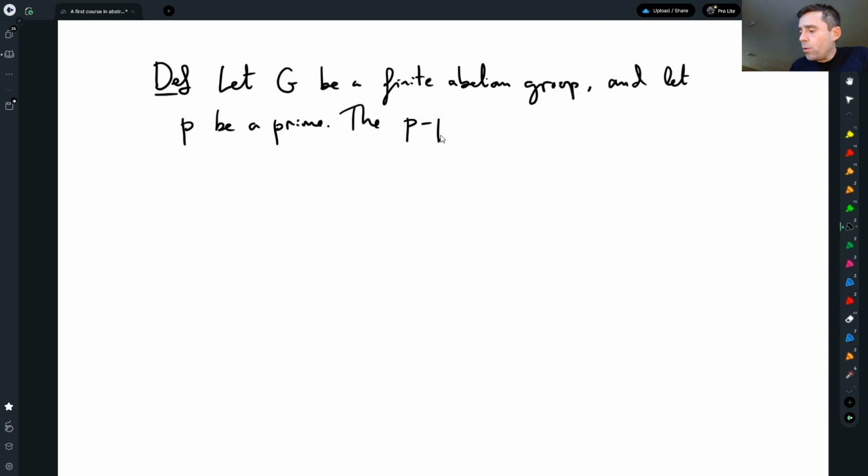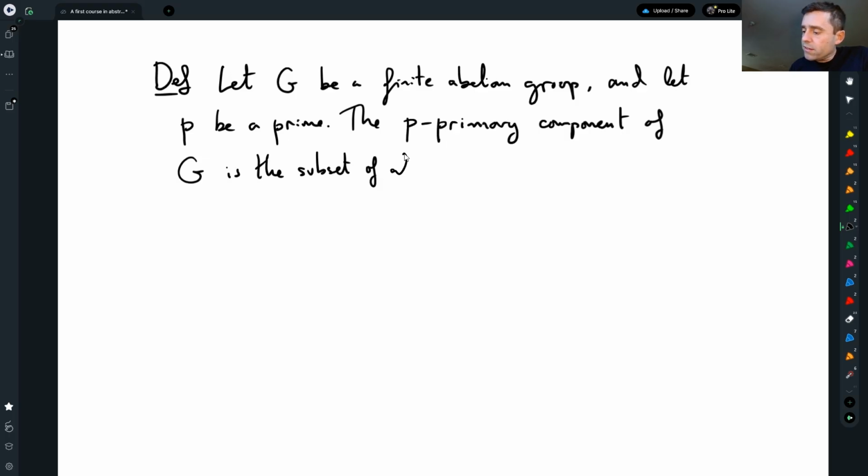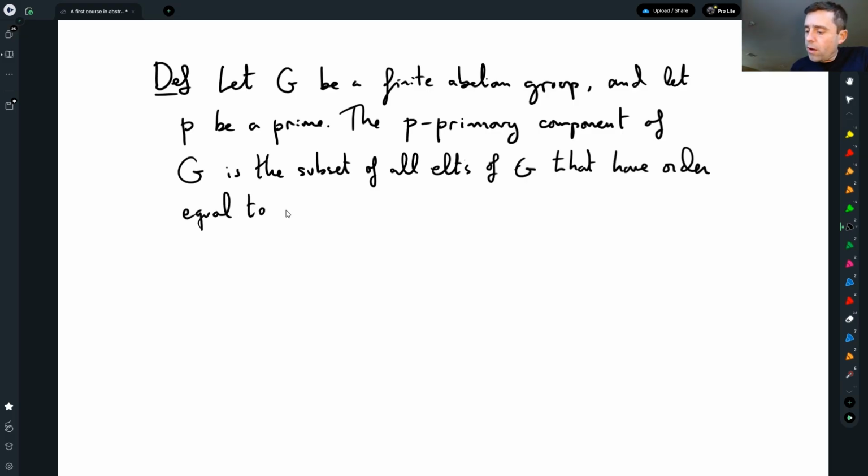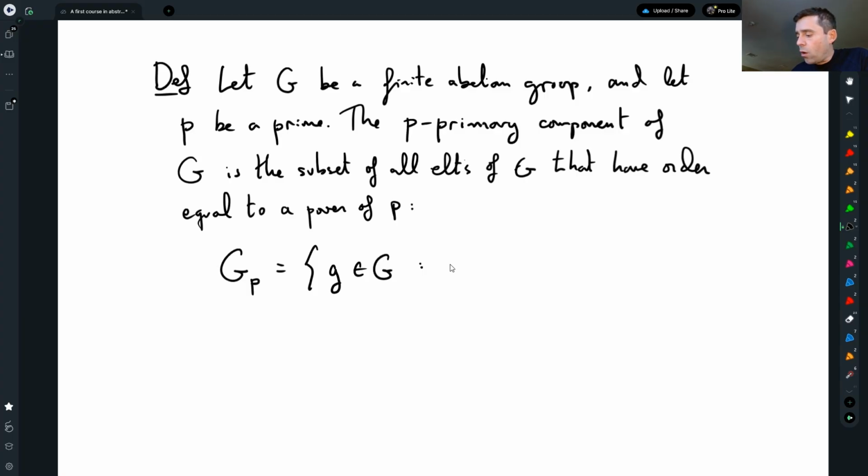The P primary component of G is the subset of all elements of G that have order equal to a prime power, a power of P. So we're going to denote that P primary component by G_P, and it is every element g of G such that the order of g is P to the n for some n bigger or equal to 0.